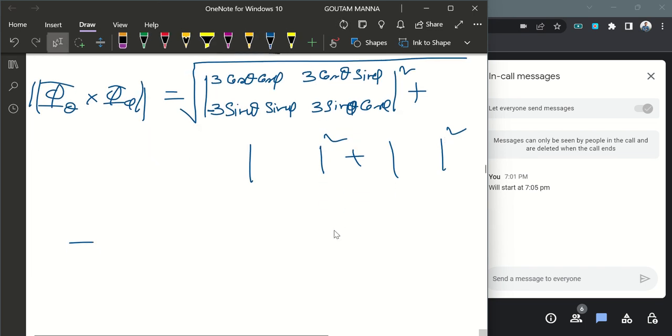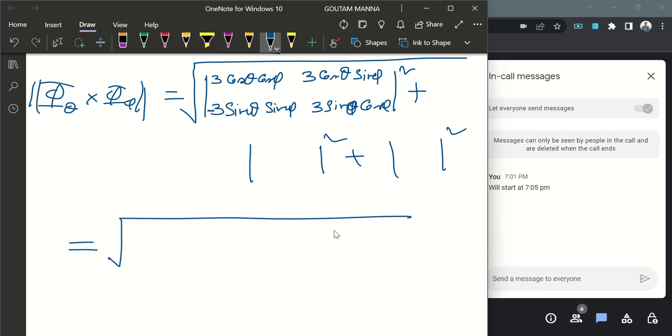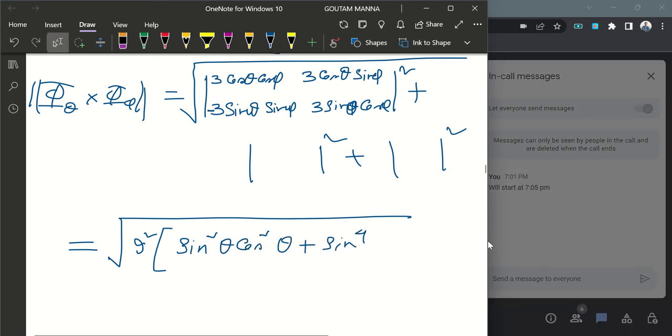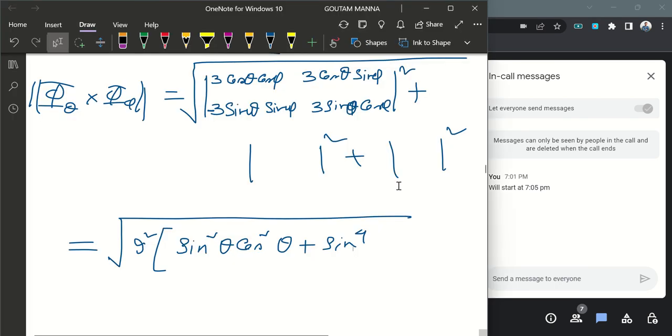I have already calculated it, so the value of it will be root under 9 square times sin square theta cos square theta plus sin to the power 4 theta sin square phi plus sin to the power 4 theta cos square phi.